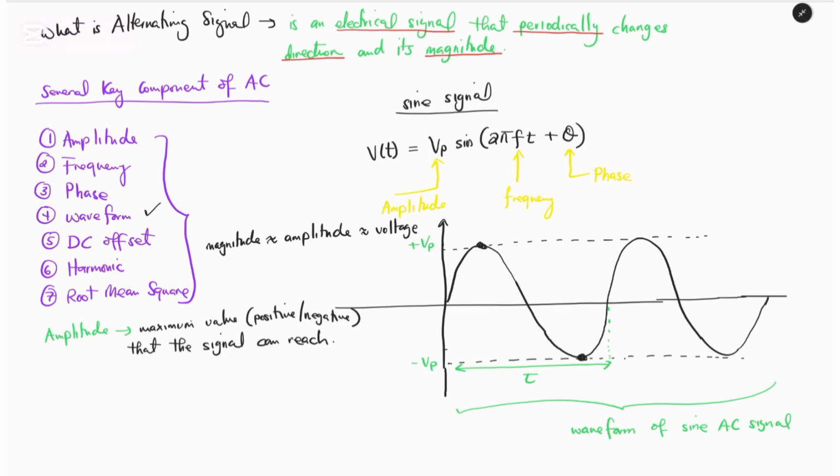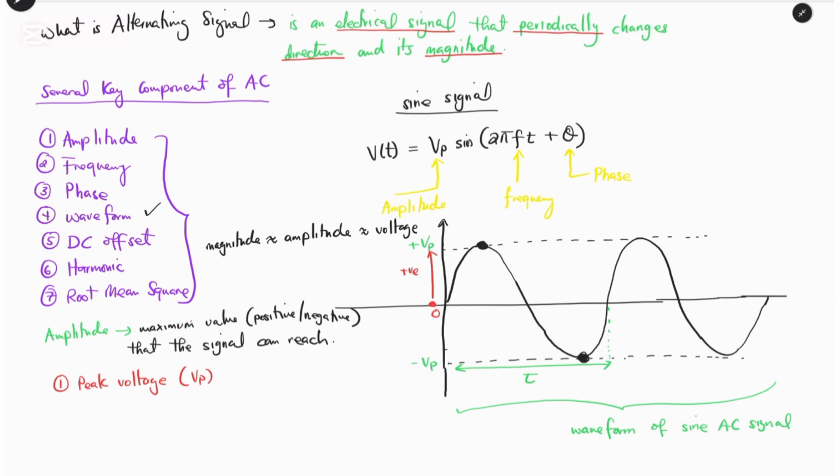So when someone asks you to find the magnitude, you will always look at the maximum point which the signal reaches. And the amplitude can be represented in a couple of ways. The amplitude can be represented as a peak voltage with the notation Vp, which means the distance measured from the zero to the maximum in the positive direction.